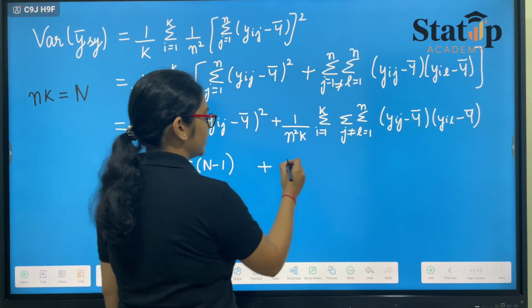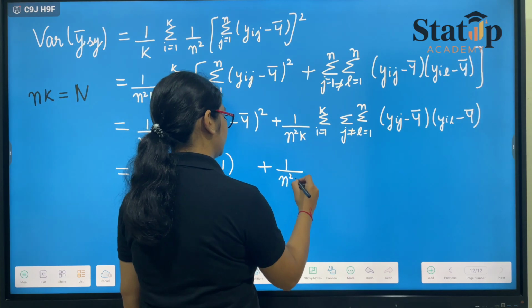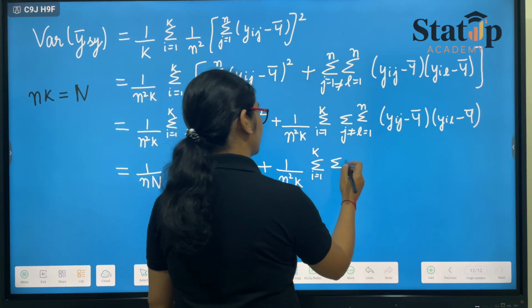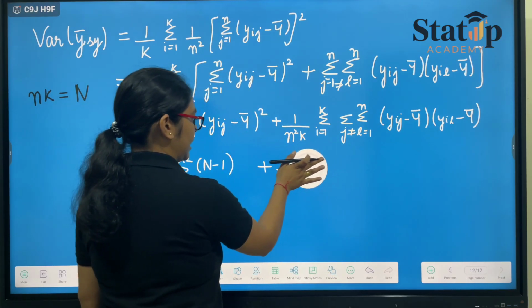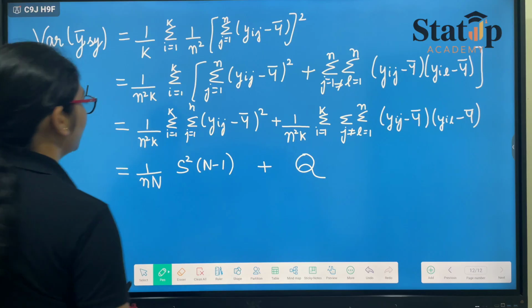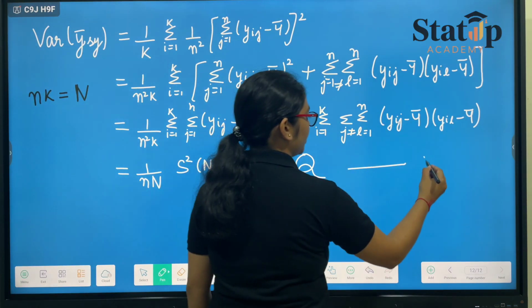And this second thing remains as it is. Let us take this as Q and put it as equation number 1.